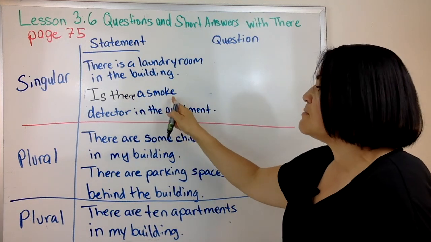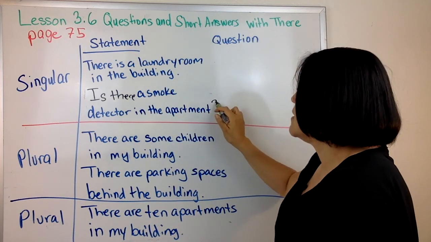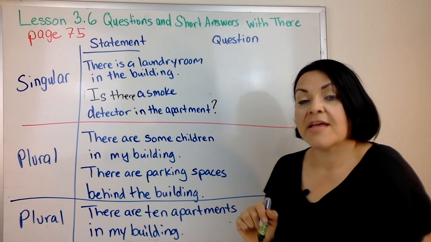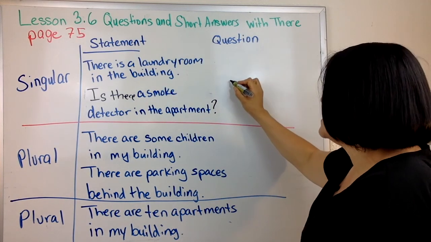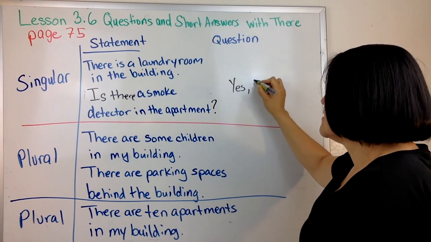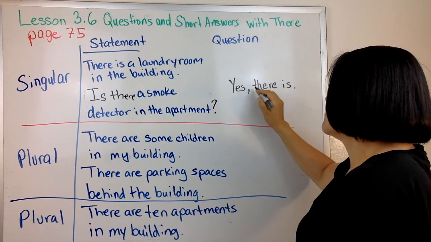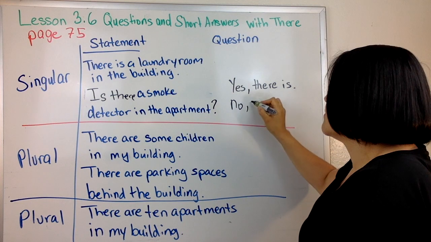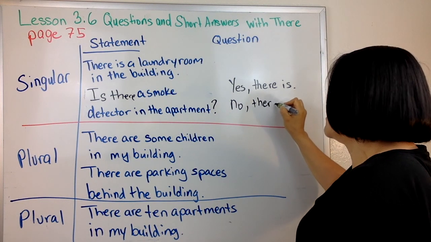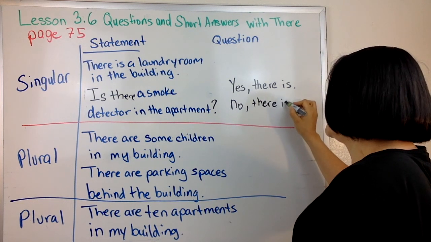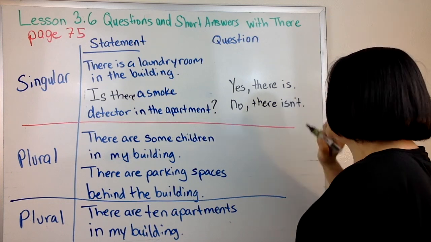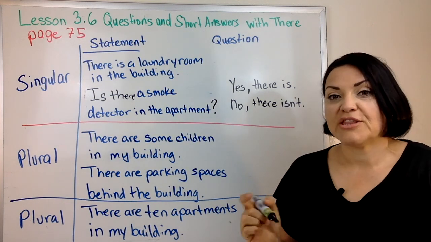Is there a smoke detector in the apartment? Now to answer it, you would say, yes, there is. Or no, there isn't. No, there isn't.